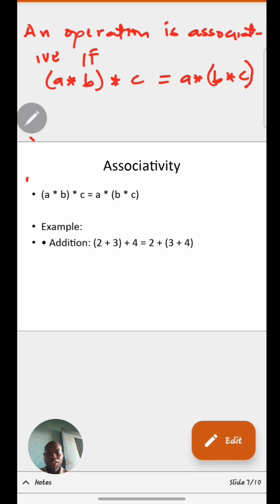An example of that is when you have 2 plus 3 plus 4.